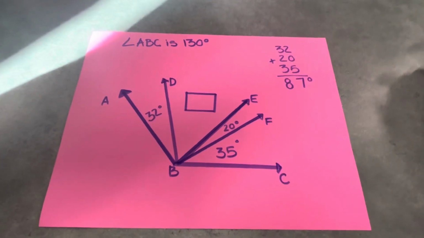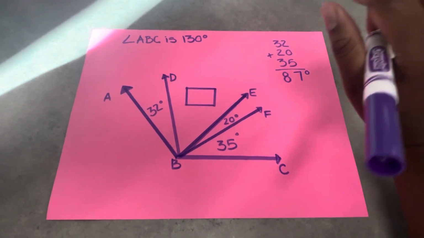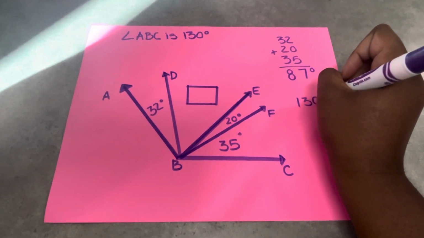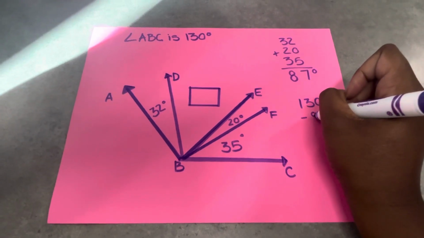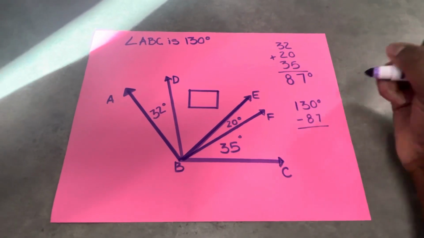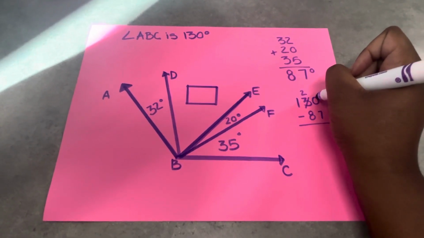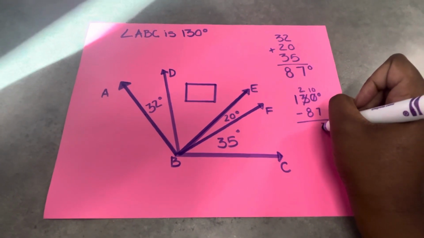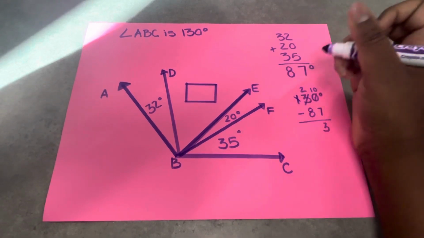I still don't know angle DBE though, okay? So what am I going to do now? I'm going to take my total angle, 130 degrees, and I'm going to subtract the angles that we do know, which is 87 degrees. 0 minus 7 I can't do, so I'm going to regroup. That 3 turns into a 2. 0 is going to turn into 10. 10 minus 7 is 3. 2 minus 8, I can't do it, so I'm going to regroup.